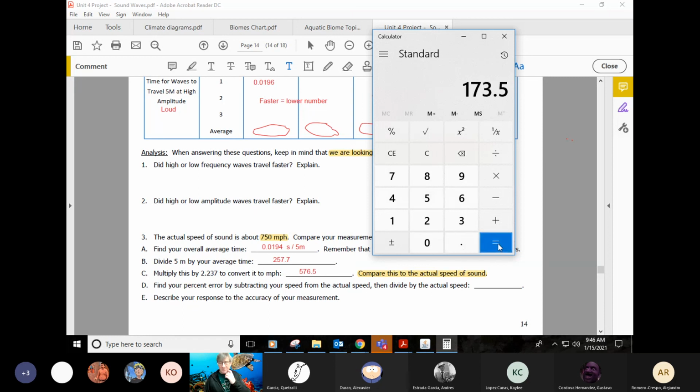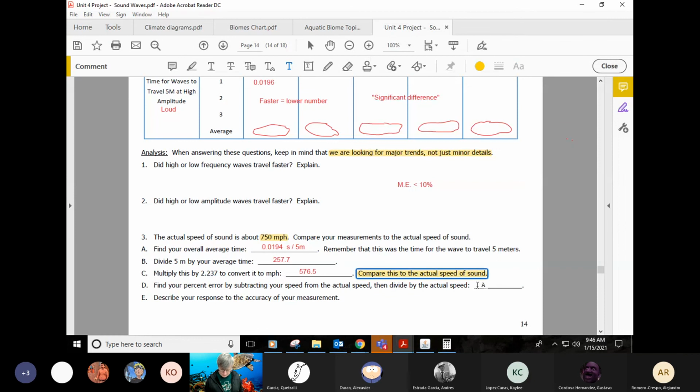I hit the equal sign and I divide by the actual, 750, equals. Remember, to get percent, you have to multiply by 100. My percent error was 23.1% off. That was my percent error.